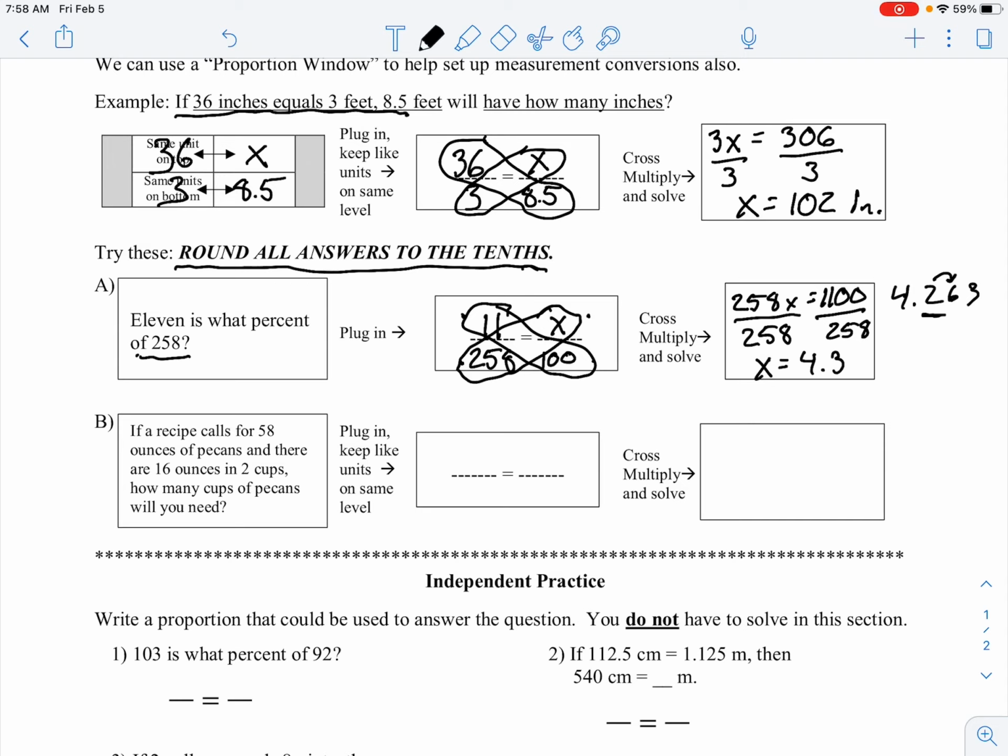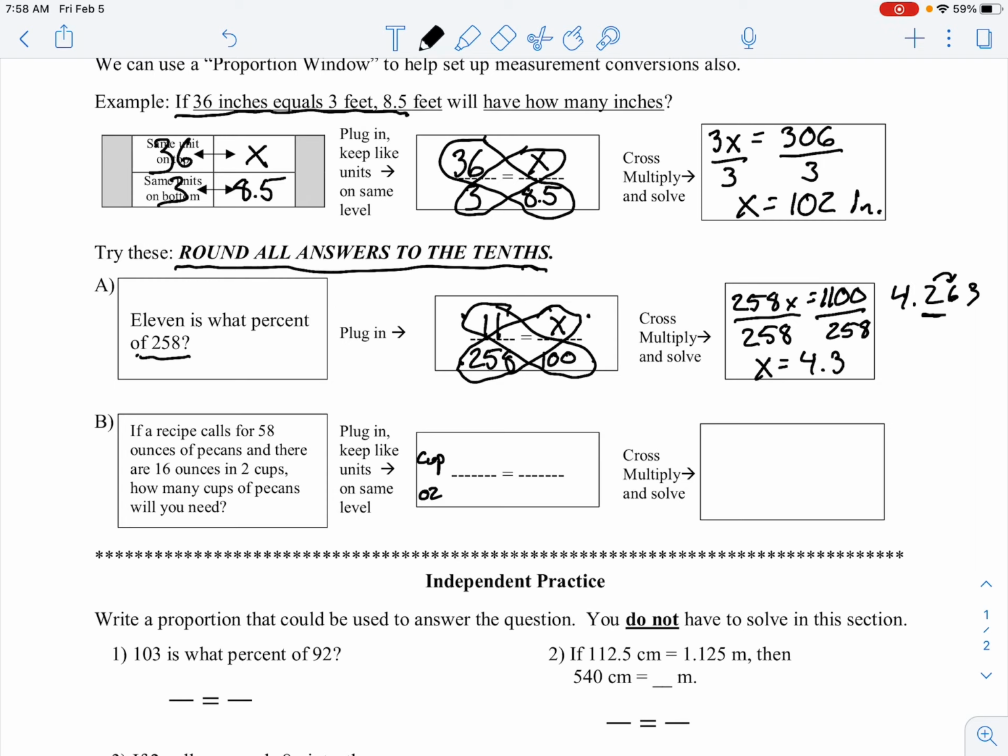Alrighty, so same kind of thing. We've got to keep our same units on the same level. So if we want to go ounces up top and cups down on the bottom, we can do that. Or if we want to do cups on top and ounces on the bottom, we can do that. So let's do cups on top, ounces on the bottom. It tells us that a recipe calls for 58 ounces of pecans, and there are 16 ounces in 2 cups.